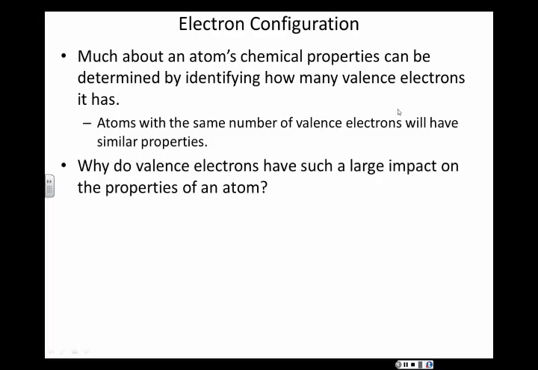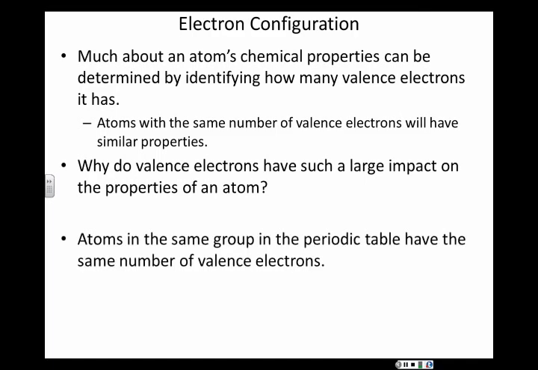So why do valence electrons have such a large impact? It's because the ones on the outside are the ones that encounter other atoms first. The ones that are buried in the middle don't matter that much. Having done all that with electron configurations, it's actually a lot easier than writing out something's entire electron configuration to figure out how many valence electrons it has.